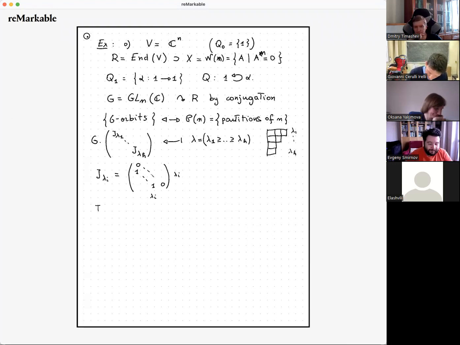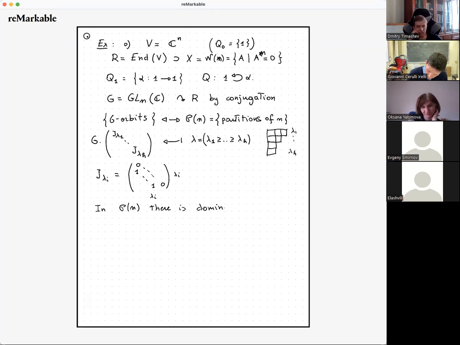So in Pn there is a dominance order, which I recall is: lambda is bigger or equal than mu if the sum of lambda I, I from 1 to k, is at least the sum of mu I, I from 1 to k, for all k.